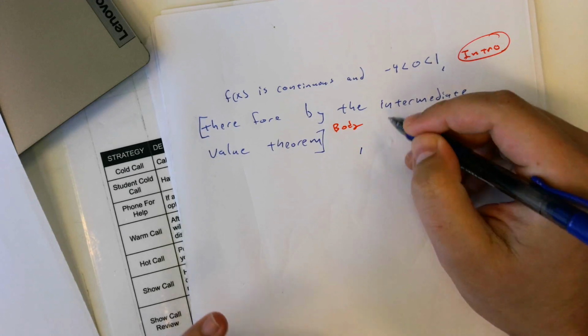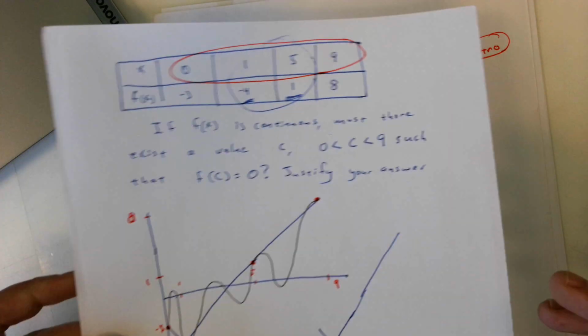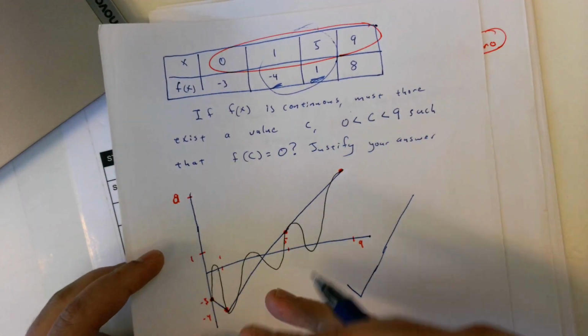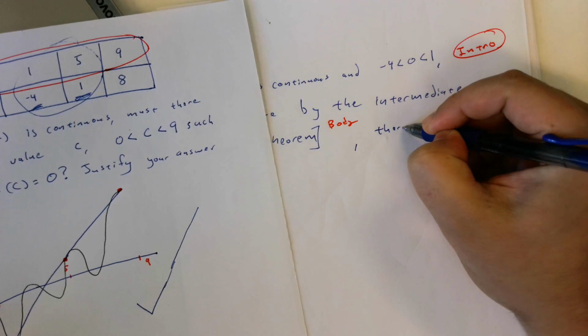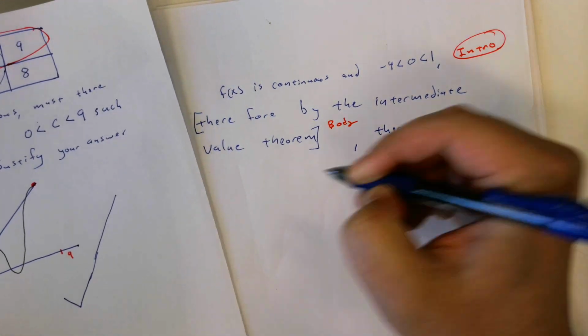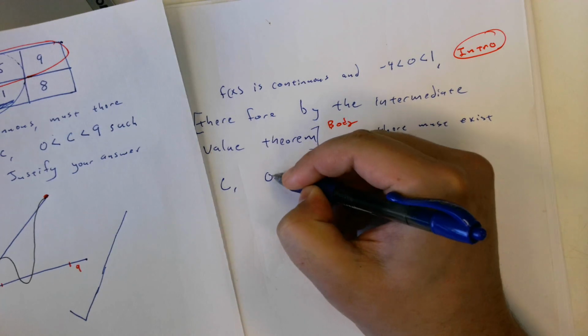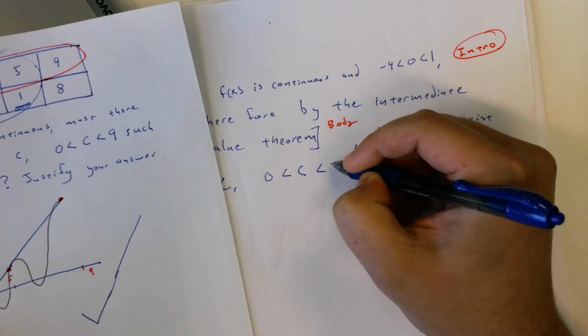And now our conclusion. Our conclusion, as I mentioned in an earlier video, is that boring one, like, let me rewrite this and really answer this. There must exist c, 0 is less than c is less than 9.